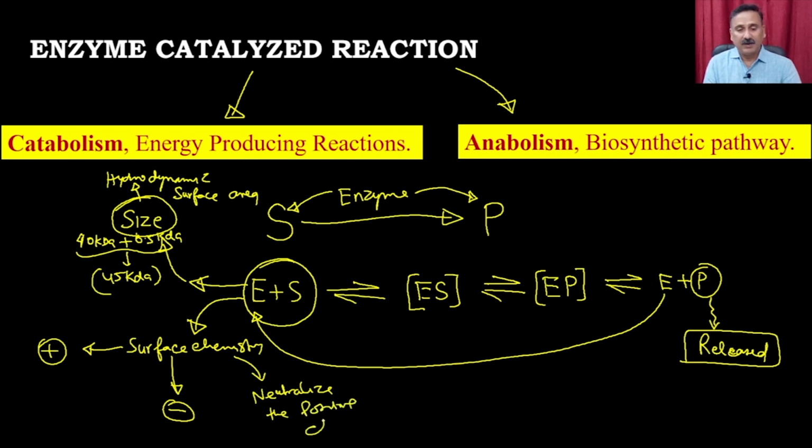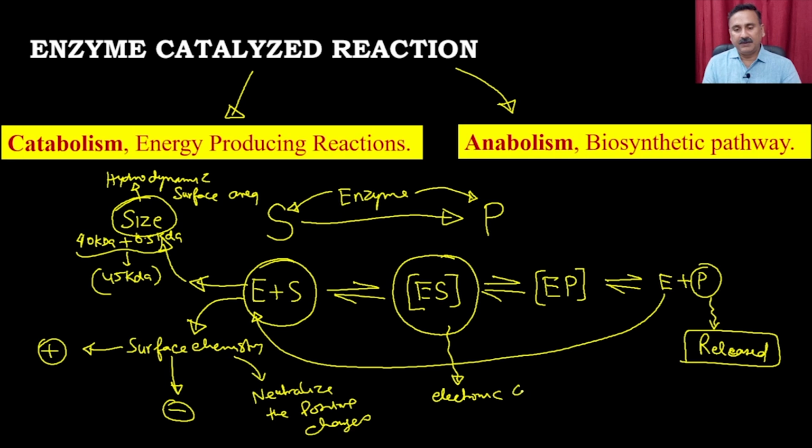Apart from that, the enzyme substrate interaction is also going to change things, because when the enzyme and substrate interact with each other, they form the enzyme substrate complex. And in this transition state, the electronic configuration of the enzyme is also going to be changed, right?